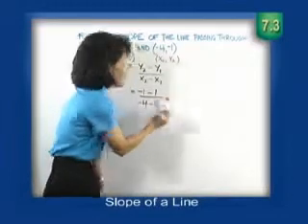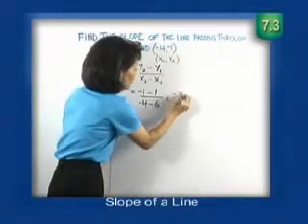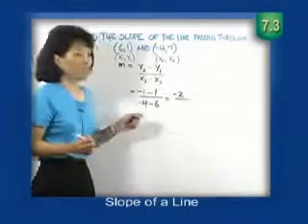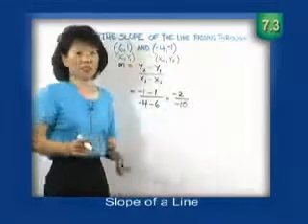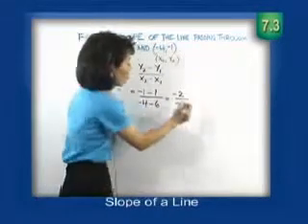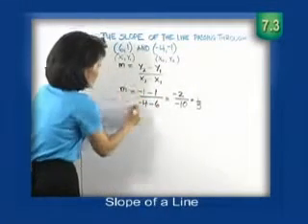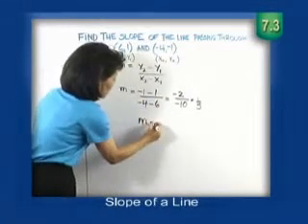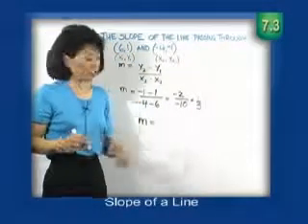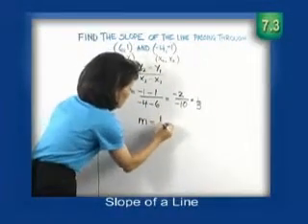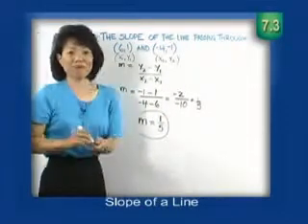Now, basically then, we're going to do this quick arithmetic. 1 minus 1 is 0, over -4 minus 6, -10. This reduces to 0. So what does that tell me? That tells me the slope of the line that passes through those 2 points happens to be 0. That's the slope of our line.